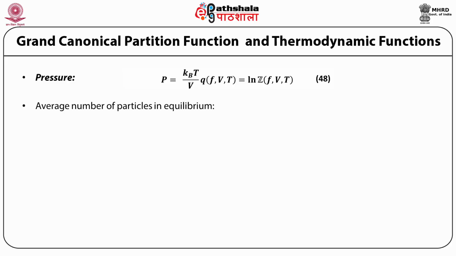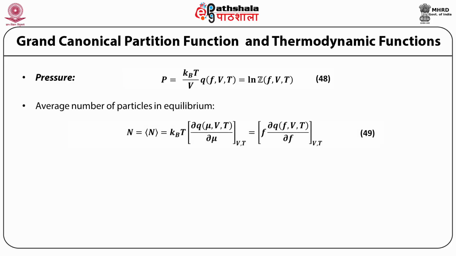The average number of particles in equilibrium, N, is equal to the mean value of N, which is equal to kBT multiplied by the partial derivative of Q with respect to mu evaluated at constant volume and temperature, which is equal to F times the partial derivative of Q with respect to F at constant volume and temperature.